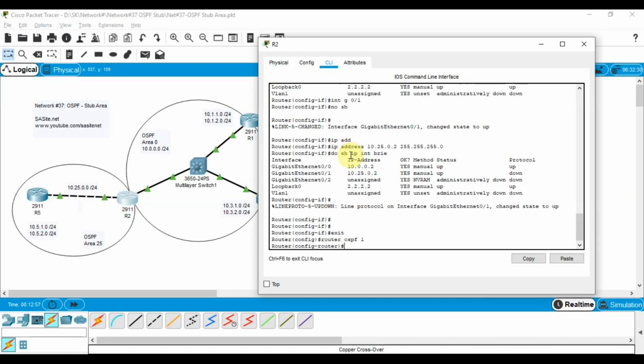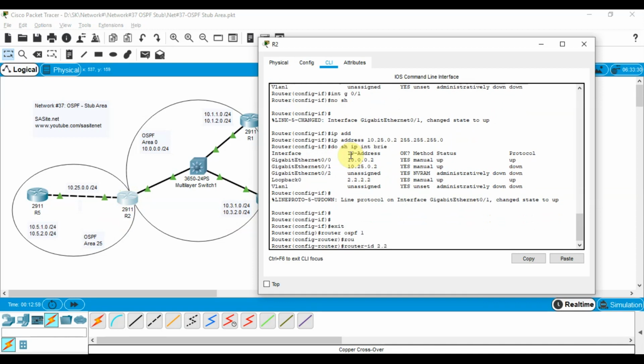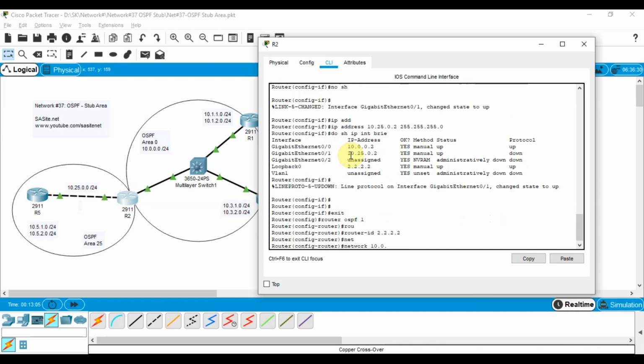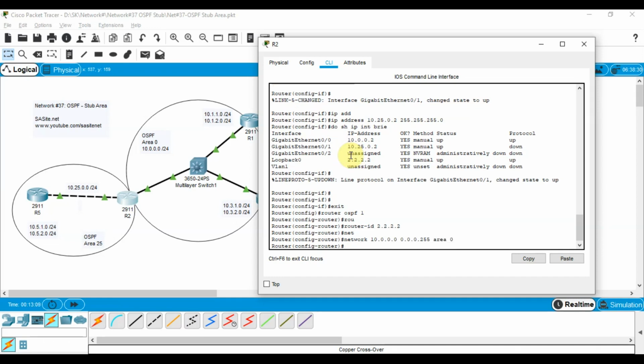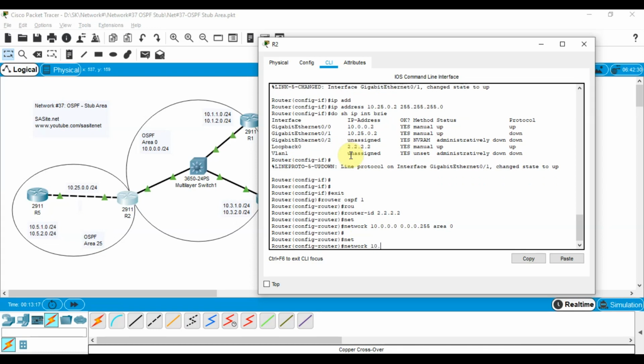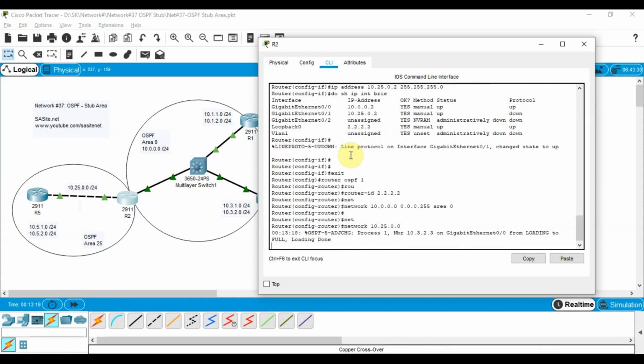Router OSPF 1, router ID just put 2.2.2.2, and let's advertise our network 10.0.0.0 0.0.0.255 area 0. Connect to the backbone, and now configure the area 25. So we have a network of 10.25.0.0/24.